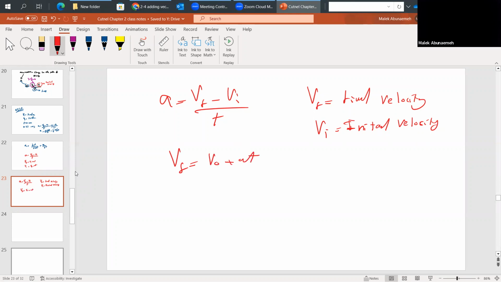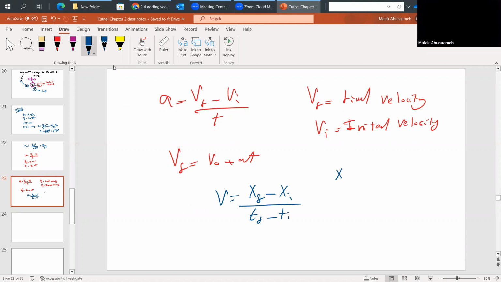Now, taking the velocity that we have, actually, before we talk about average, let's say the velocity is the displacement of your final position divided by your final time.